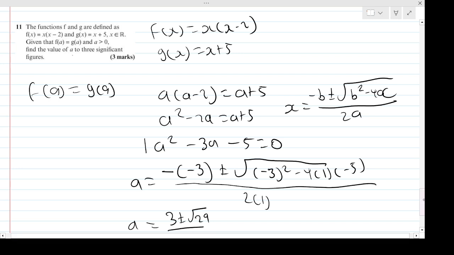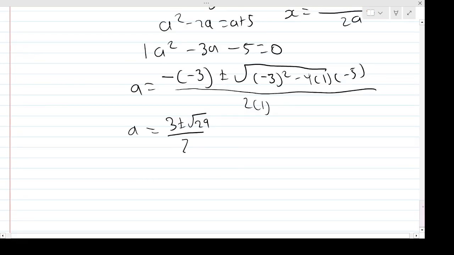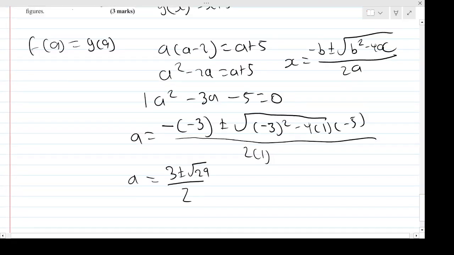And yes, see, we've got a really ugly answer here. We would not be able to factorize. Or we could complete the square actually, but I'm lazy. I want to use the quadratic formula.